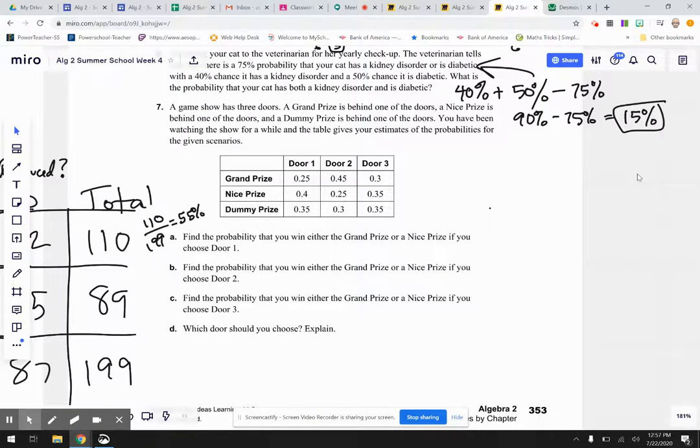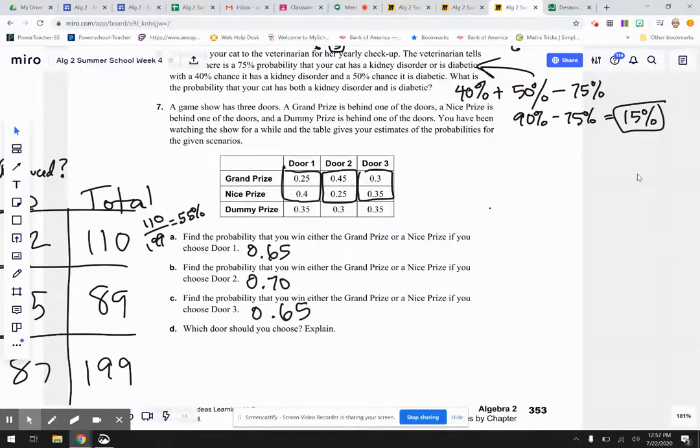So you've got door number 1, grand prize and nice prize. If you add those 2, you get 0.65. Find the probability that you would win if you have door number 2. 0.45 and 0.25 is 0.7. And door number 3 is 0.65 again.